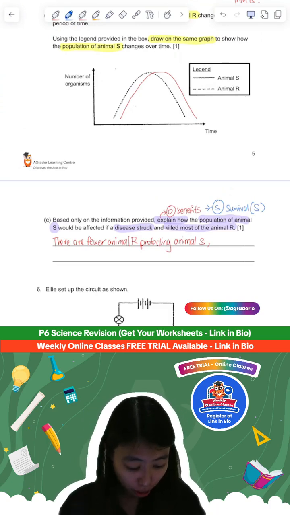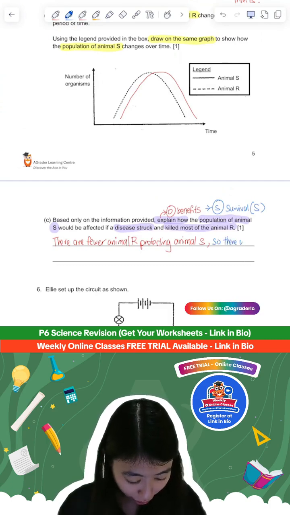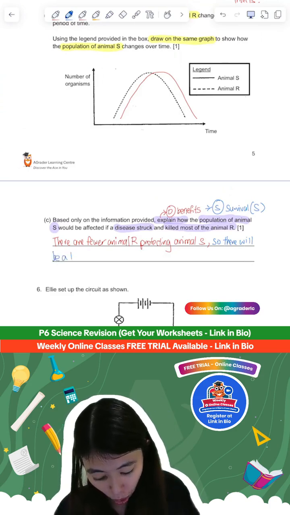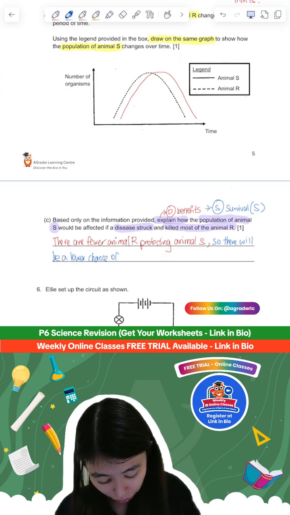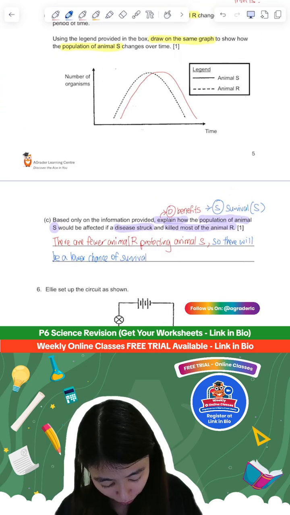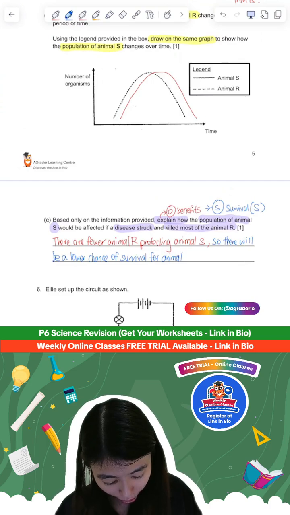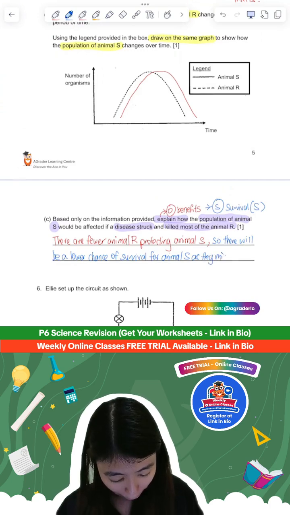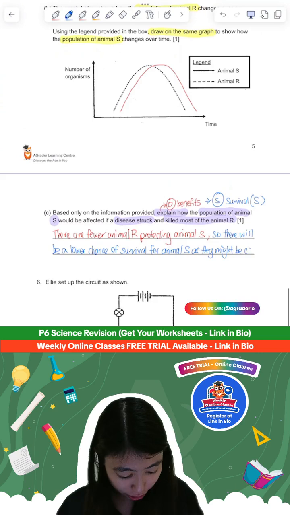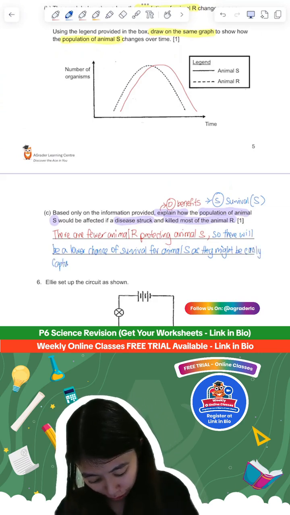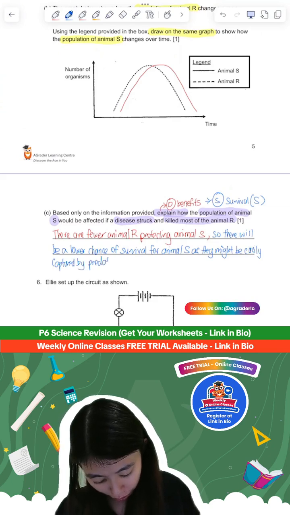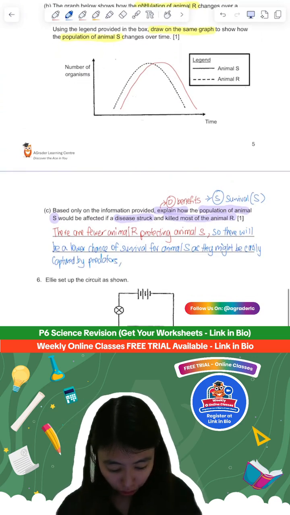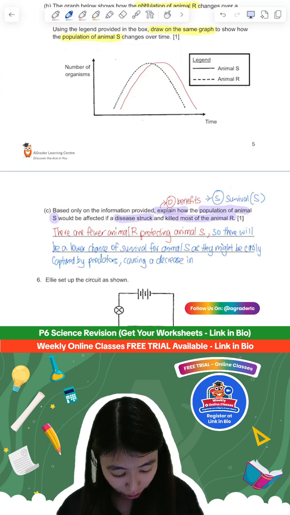So there will be a lower chance of survival for animal S, as they might be easily captured by predators, causing a decrease in population of animal S.